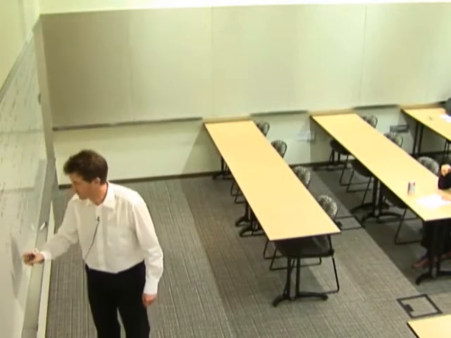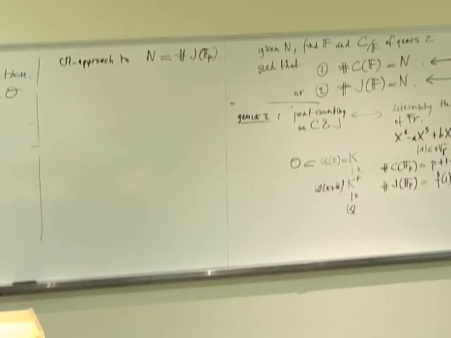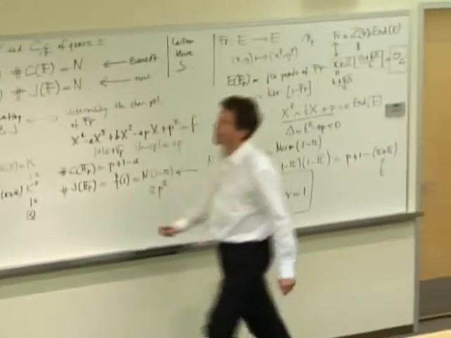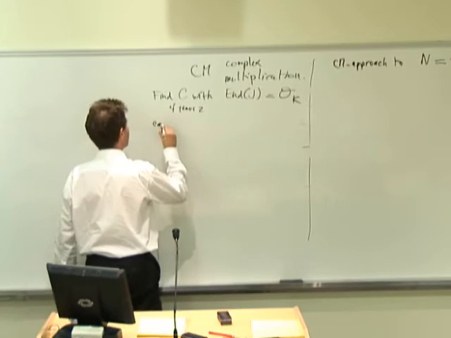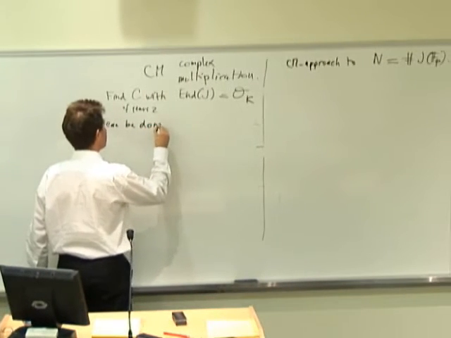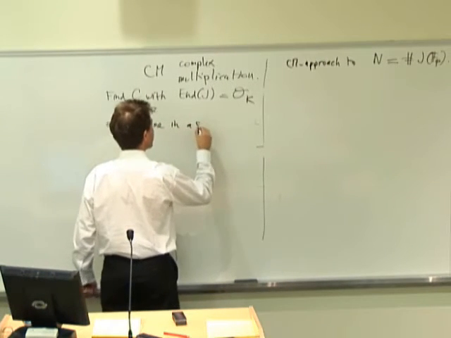So it's, if you want, the ring of integers or an order in this K. This can be done in a similar way.